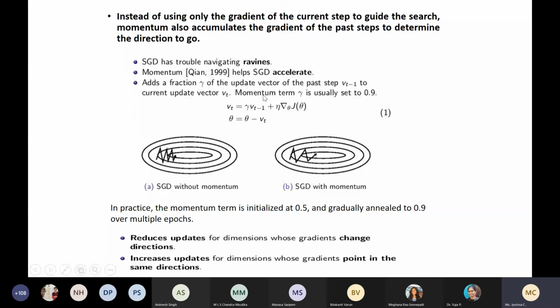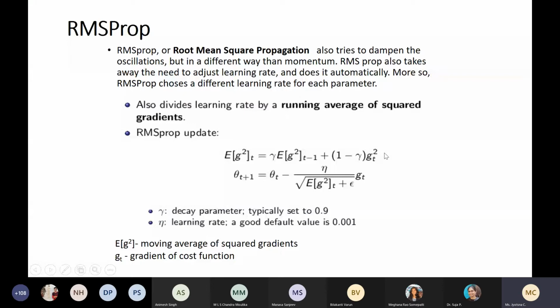That means each time it is trying to accumulate all the previous gradients, continuously considering all those values. This coefficient decides how much it needs to be considered. The momentum term gamma decides how much it needs to consider the previous value. Usually we select the value from 0.5 to 0.9. So hope you understood how the momentum is considering all the previous gradients.